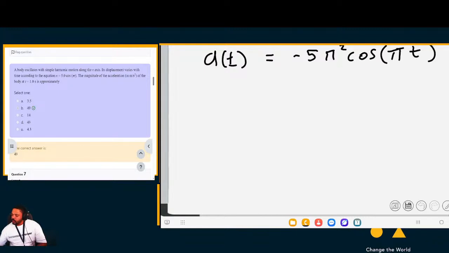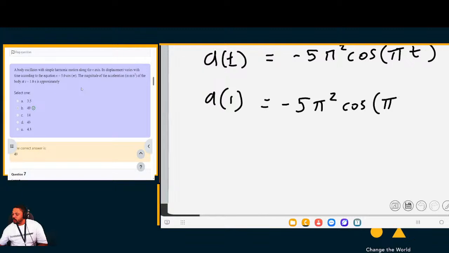And that, ladies and gentlemen, is the formula that we are currently working with. That is the acceleration of this particle on the x-axis. Now they asked us to find it after 1 second. So let's plug in 1 where we see t. It's negative 5 pi squared cosine of pi times 1.